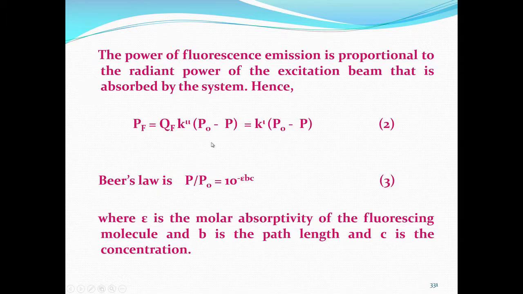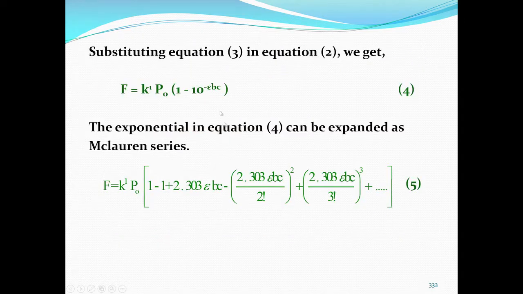So, P naught is there in the second term also. I take P naught out of the bracket and I end up with P naught into 1 minus 10 to the power of minus epsilon bc.